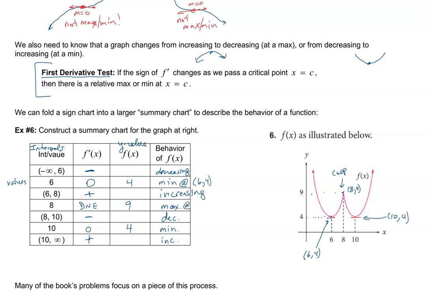We've got a maximum at the point 8, 9. And we've got another min at the point 10, 4. All right, so just expanding our ability to talk about graphs. And I'll encourage you, instead of, as I often say, the graphs go up and down, to try to use the words increasing and decreasing.